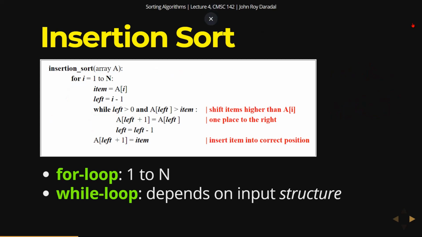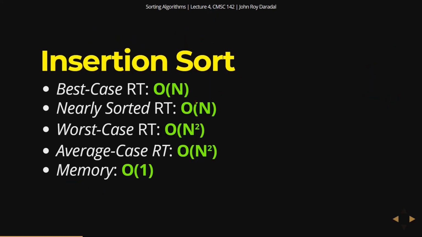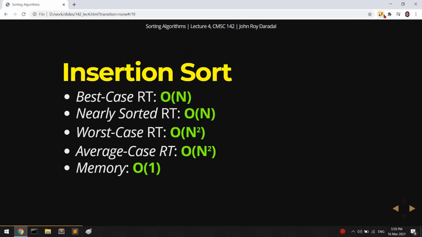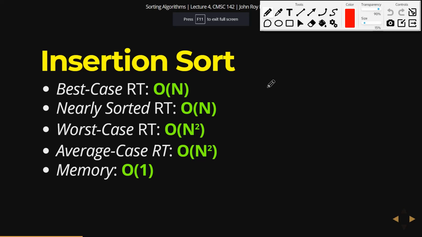Okay, so how will we analyze this one? In the best case, it would be O of n, because the best case is if it's already sorted. There are n iterations in the outer for loop, and in each iteration, you only need to ask once, because when you look to the left, it's already bigger than the ones to the left, so it will immediately stop.